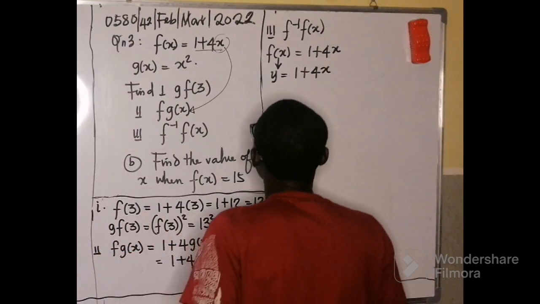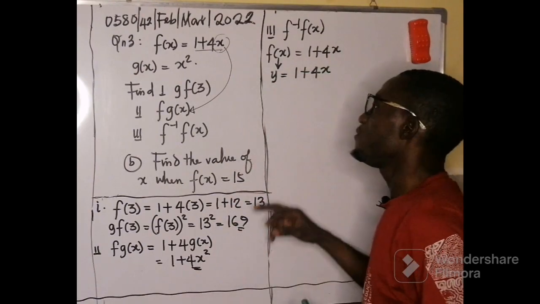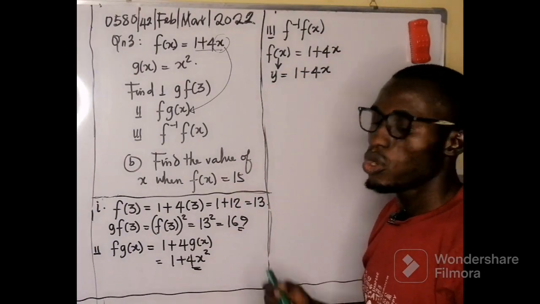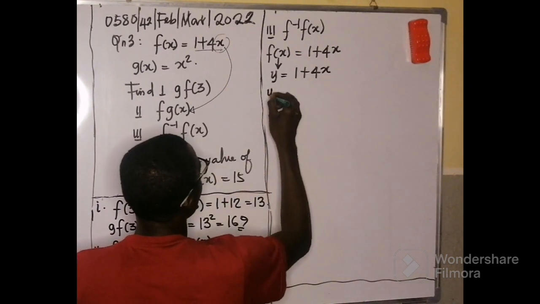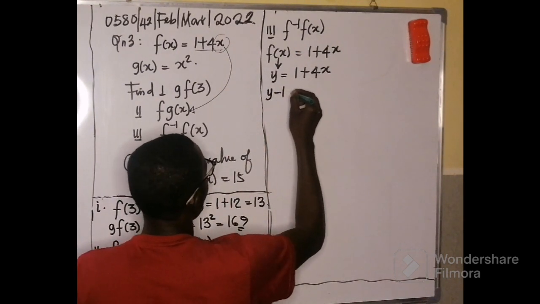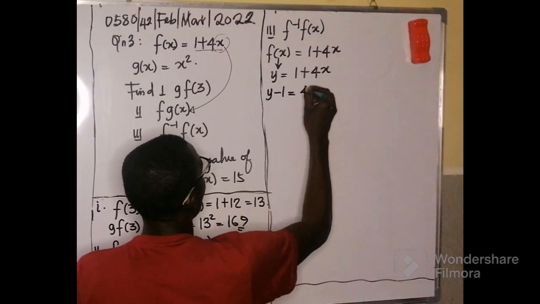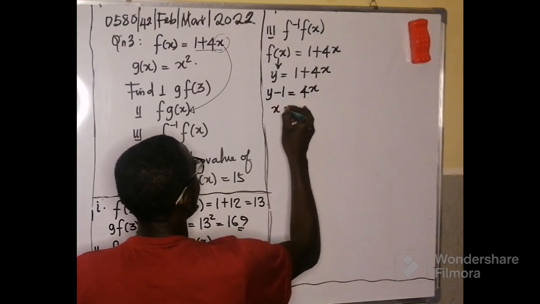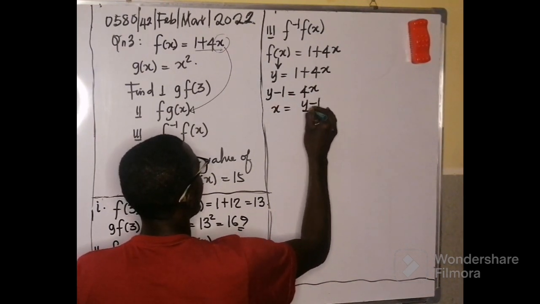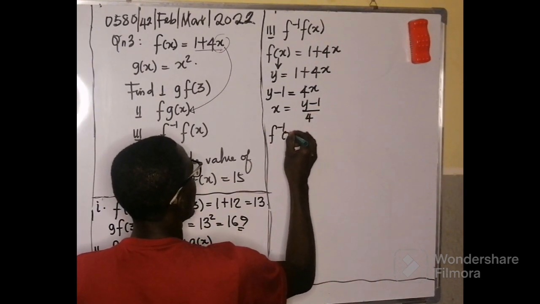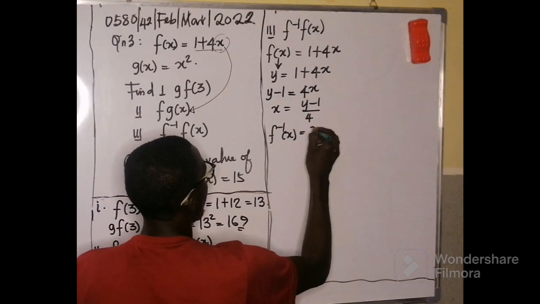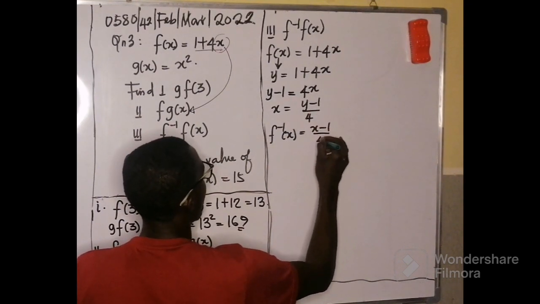If you can recall, under the inverse, I said one way to get the inverse is to make x the subject. So we want to make x the subject of this formula. That means this 1 comes to this side. You have y minus 1 equals 4x. So to get x here, it's going to give you y minus 1 over 4. And that means the f inverse of x here will now give, in place of y, x minus 1 over 4.